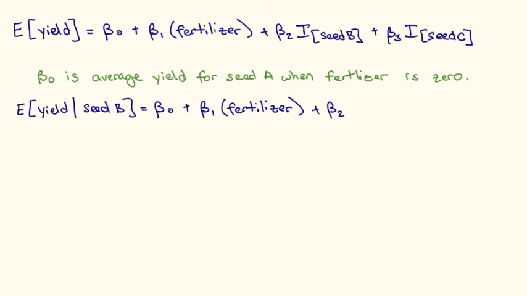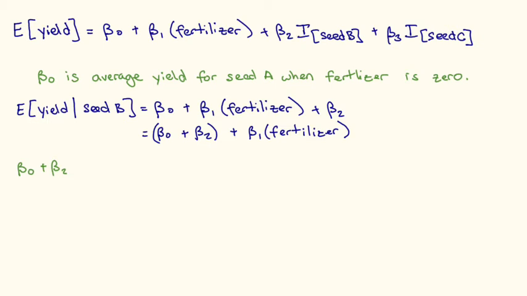It's a 0. And the indicator for seed B is a 1. And then I'm left with these guys. I can recollect the betas, and then I end up with an intercept. So if we have seed B, my intercept is beta naught plus beta 2, and my slope is still the same.